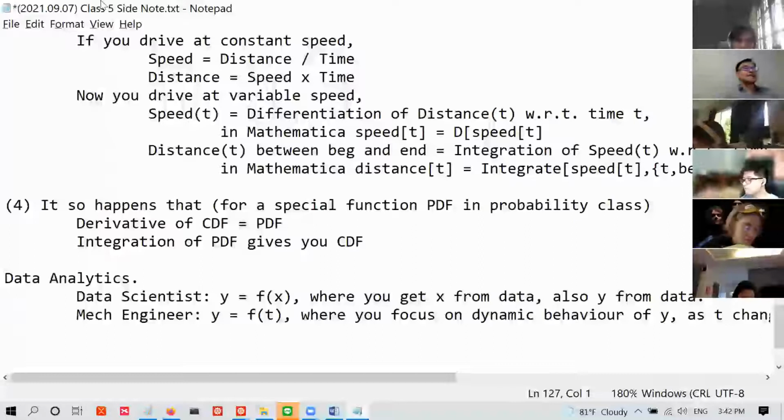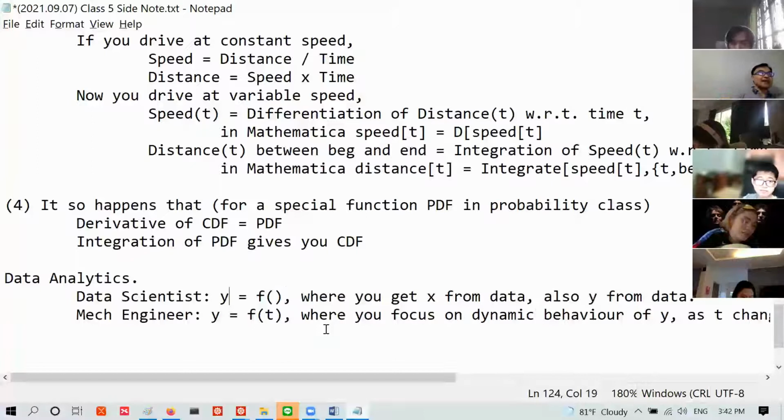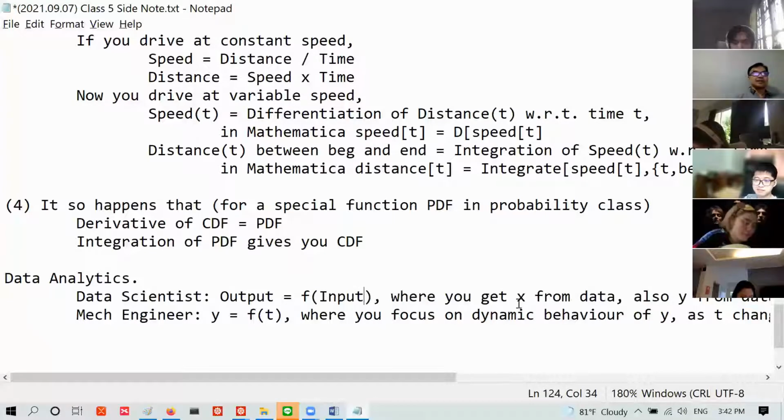So it's very different, right? Normally data scientists are trying to say, how do you get y? How do you get economic growth? You get economic growth from investment. So you think of this as output and input, where you get output from data, and input from data.